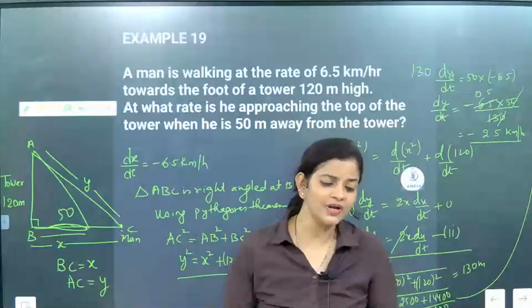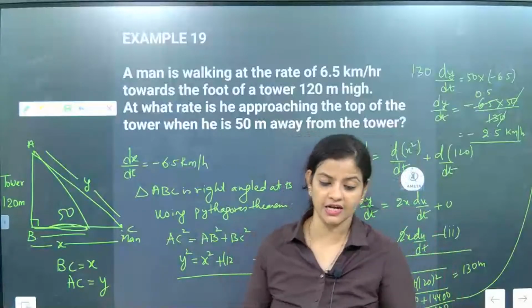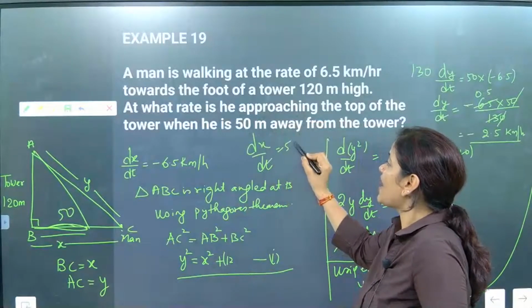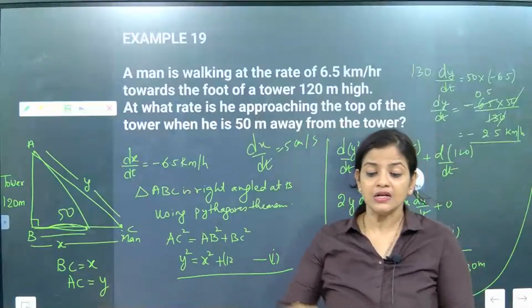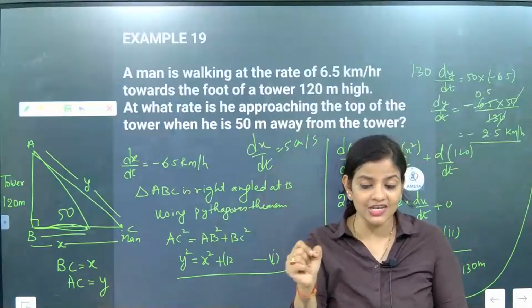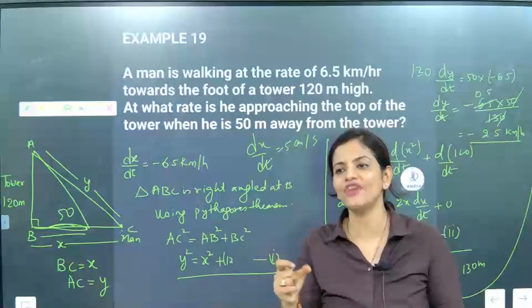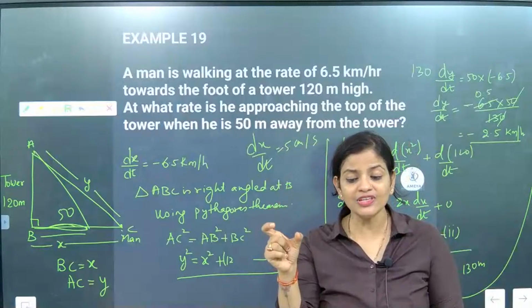If somebody says dx by dt is 5 centimeter per second, just take this one. Understand it nicely. That means the x value is changing every second. What is the change in the value of x per second? If plus is there, it means it is increasing by 5.